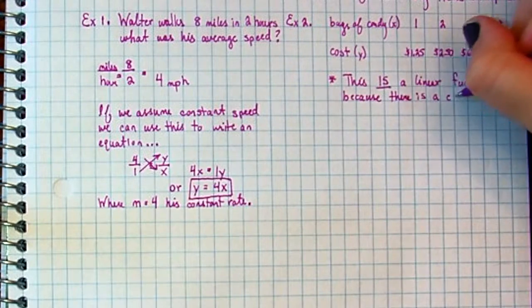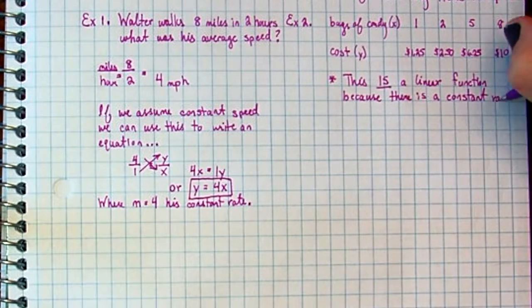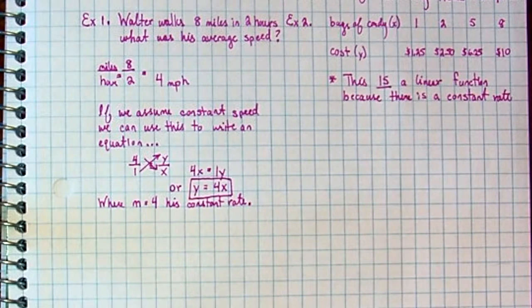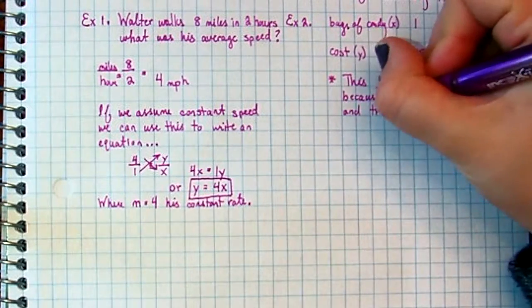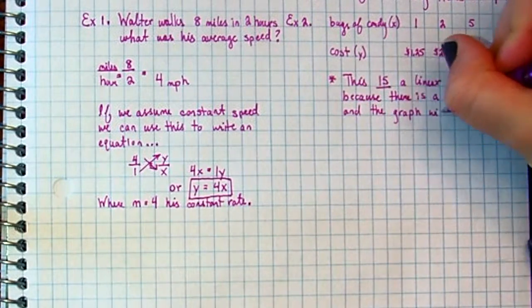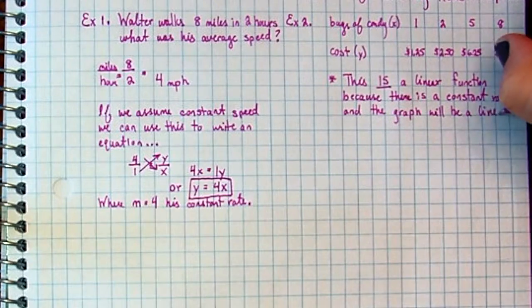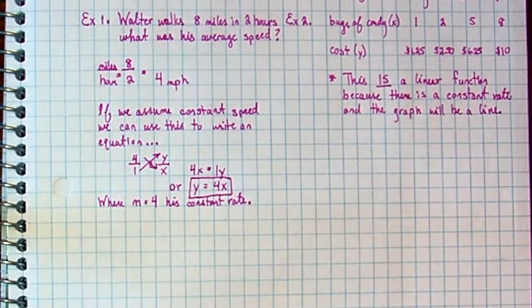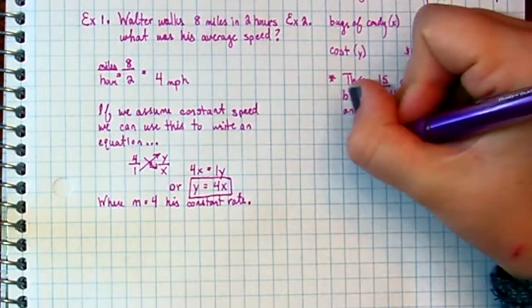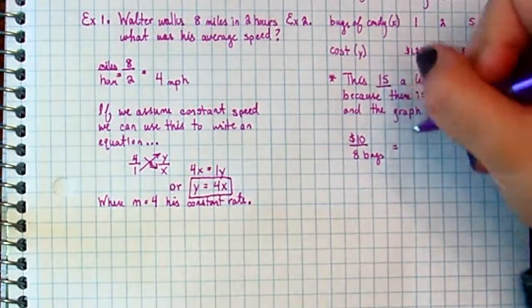And this is a linear function because there is a constant rate. And I can prove that constant rate using the slope formula. In this case, my graph is also a line, so it'd be really straightforward to see that this is a constant rate problem.